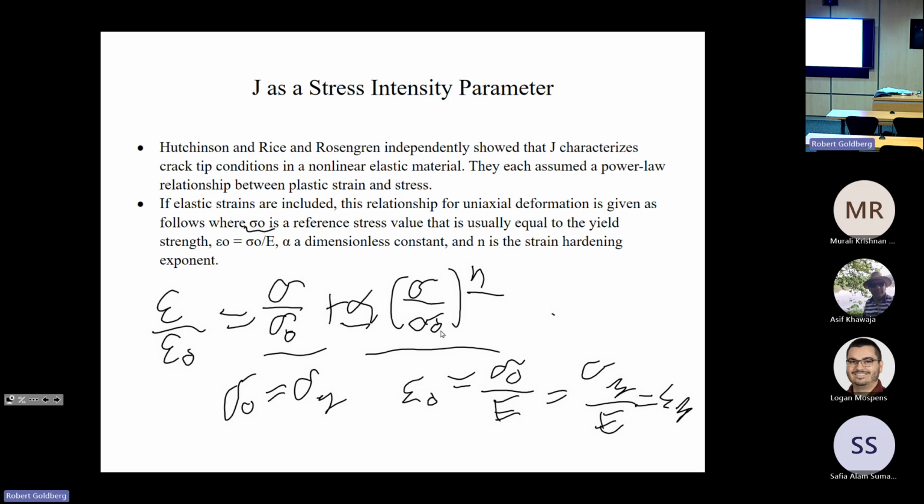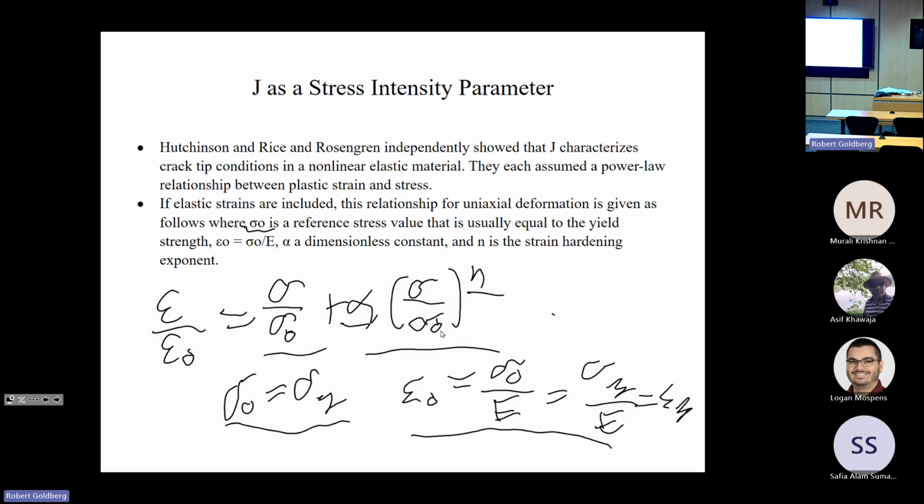And even though this equation has four constants, sigma 0, epsilon 0, alpha, and n, there are really only two fitting parameters. You have sigma 0, which is normally the yield stress. Epsilon 0 is related to sigma 0.